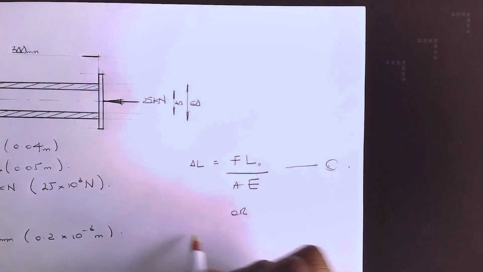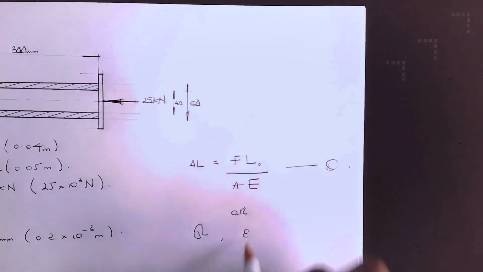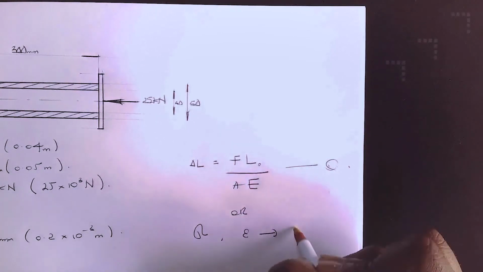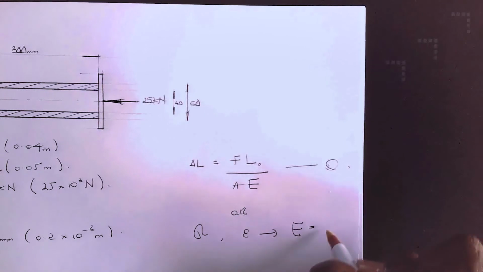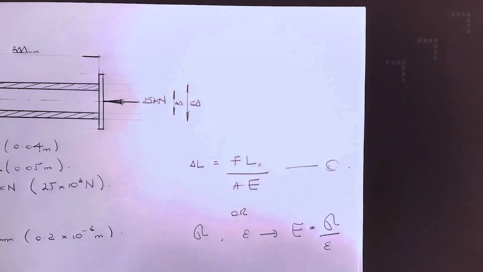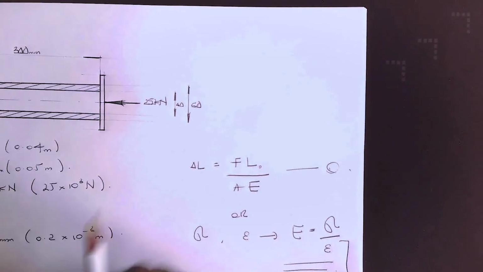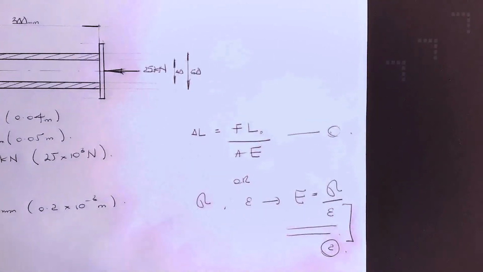Or we can work out the stress, work out the strain, and use this relationship to figure out what E is by dividing the stress by the strain. Okay, so let's call this equation 2. So we've got two choices in terms of how we need to go about calculating for the Young's modulus.